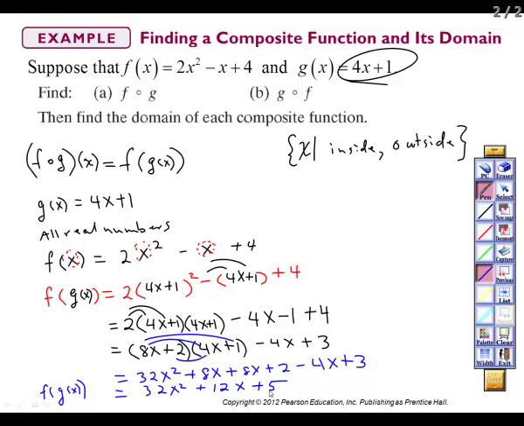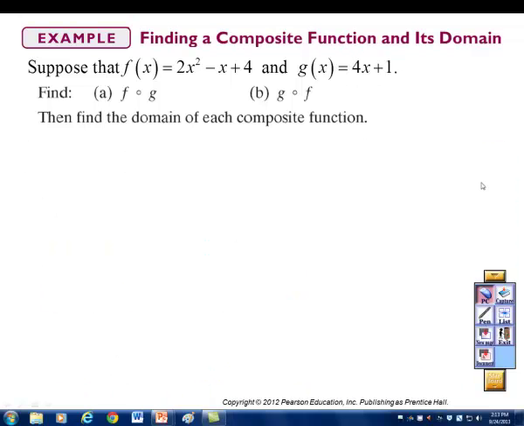And so we can see from here that the domain is also all real numbers. Okay, so this is all real numbers, and this is all real numbers, so our domain is going to be all real numbers all the way around.